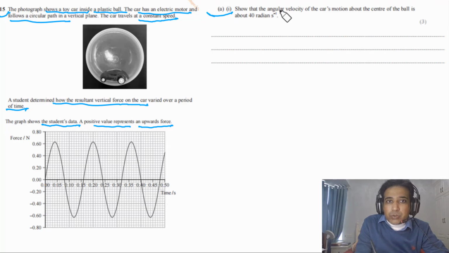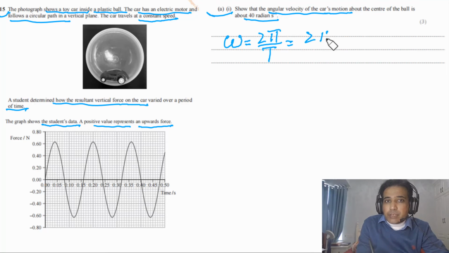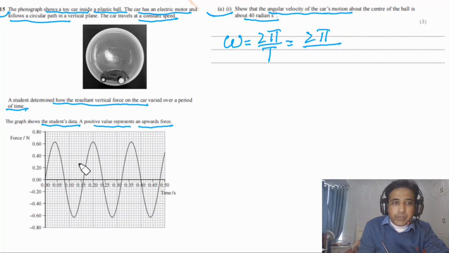For part A1, show that the angular velocity of the car's motion about the center of the ball is about 40 radians per second. We need to calculate the angular velocity, meaning omega, and omega is equal to 2 pi over T. So if we have the value of T, we can calculate the angular velocity. The value of T we can read from here.